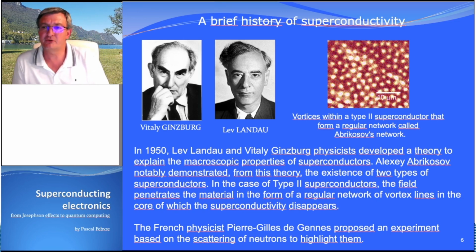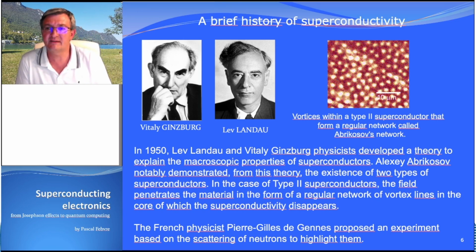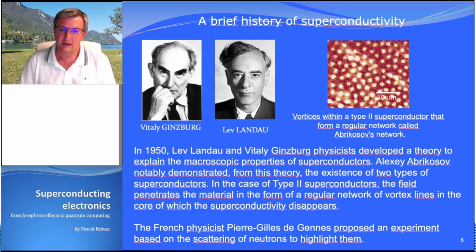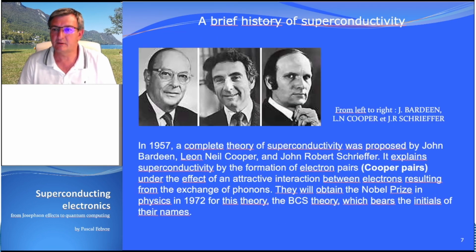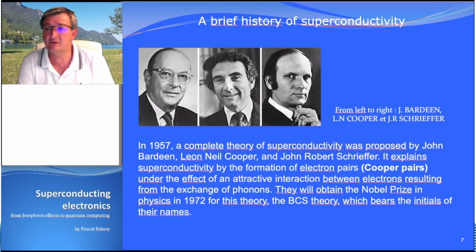And another peculiarity of this theory, it's usually quite accurate close to TC, close to the transition phase, to the critical temperature, but not at all temperatures. But then a bit later, there has been a microscopic theory which has been developed by Bardeen, Cooper, and Schrieffer in the United States.